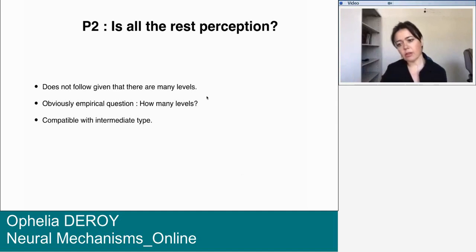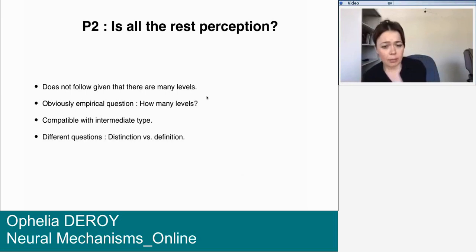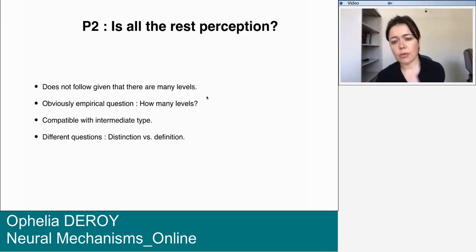Maybe there's a gray area that we cannot just fit into our concept of perception, and still, in virtue of what I said is the distinctive characteristic of thought, will not be accommodated under that label. But as far as I'm concerned, as I was saying, the question was about the distinction versus the definition. I'm more interested in providing a definition of thought than in sorting out how the definition of perception will go.